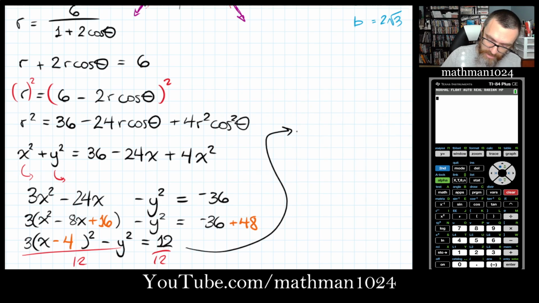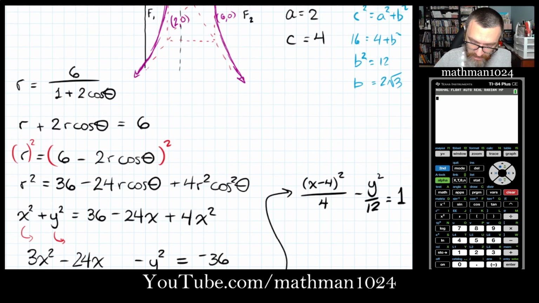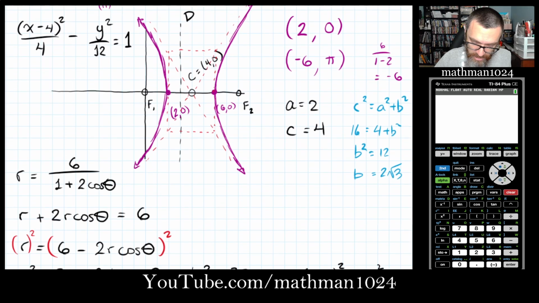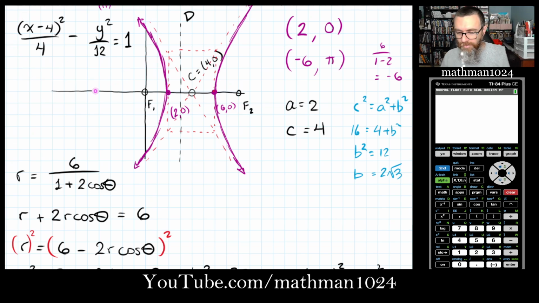When I do that, I end up with, for this first fraction, (x minus 4) squared divided by 4. Then I have y squared over 12 equals 1. And that's the same thing that we came up with from analyzing the graph. That's this equation that I wrote right there.